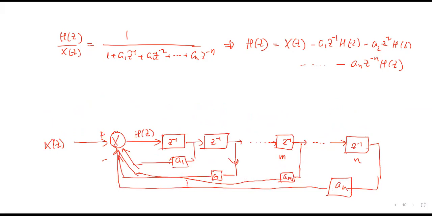Okay, so now from the previous one, what you know is that Y(z), the output, we can keep it here.